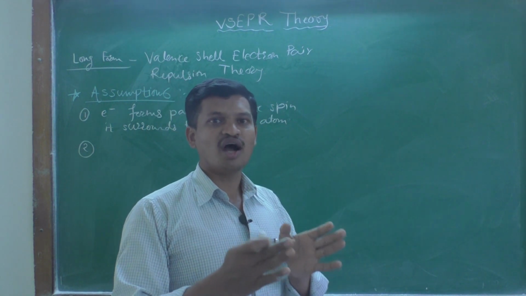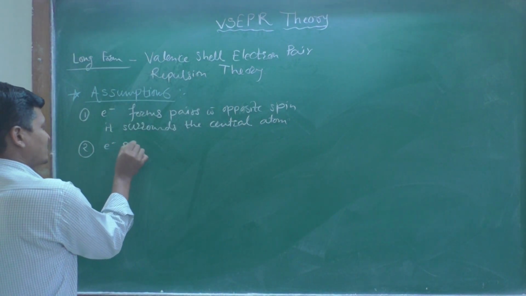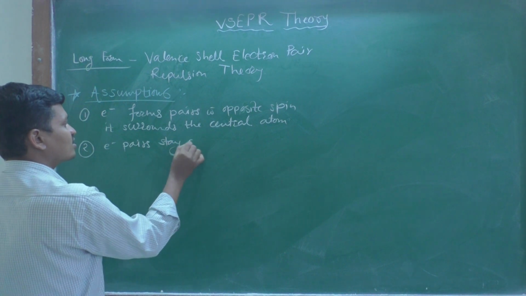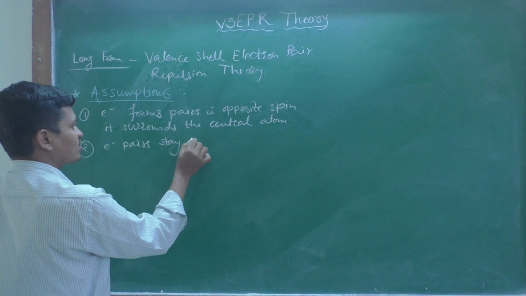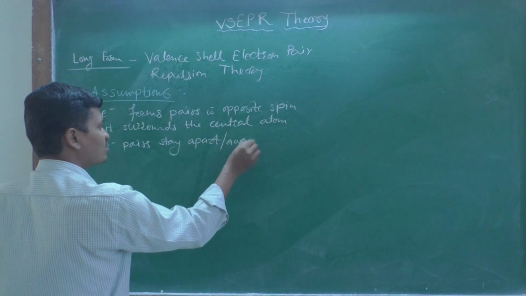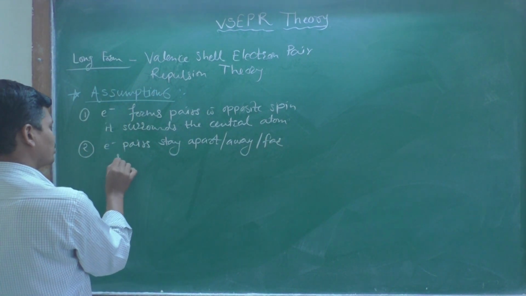Okay, so these electron pairs stay apart, meaning away or far from each other.